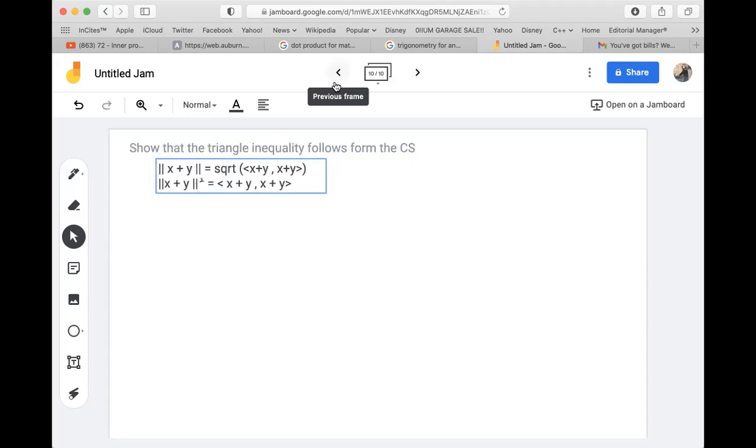From here, we can use the linearity, the axioms, the properties of the inner product, the second axiom. The second axiom says that if you have the inner product of x plus a scalar a, y, then it will be equivalent to the inner product of x, y plus the inner product of a, y.